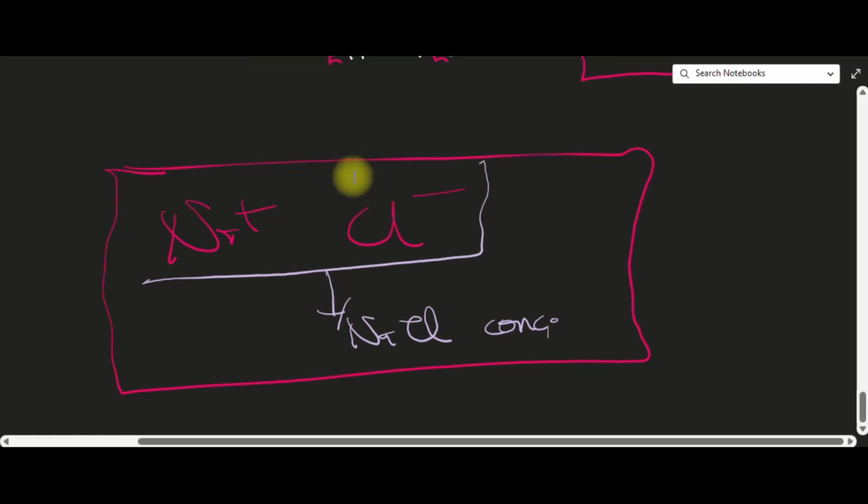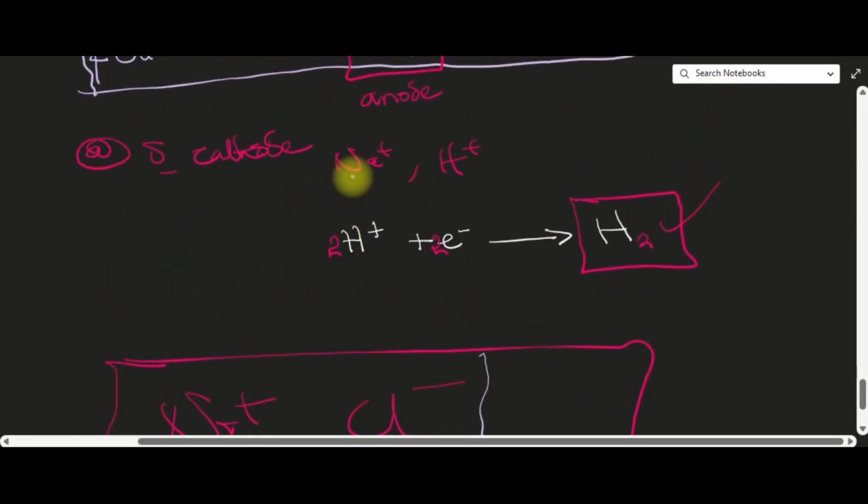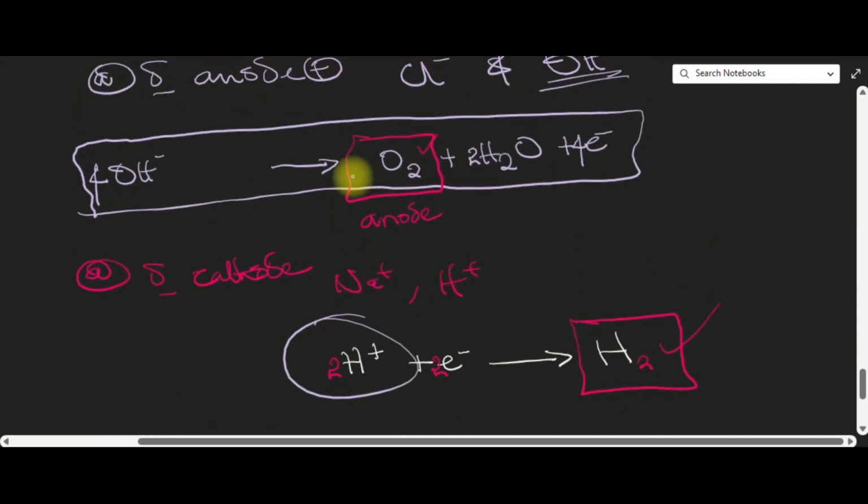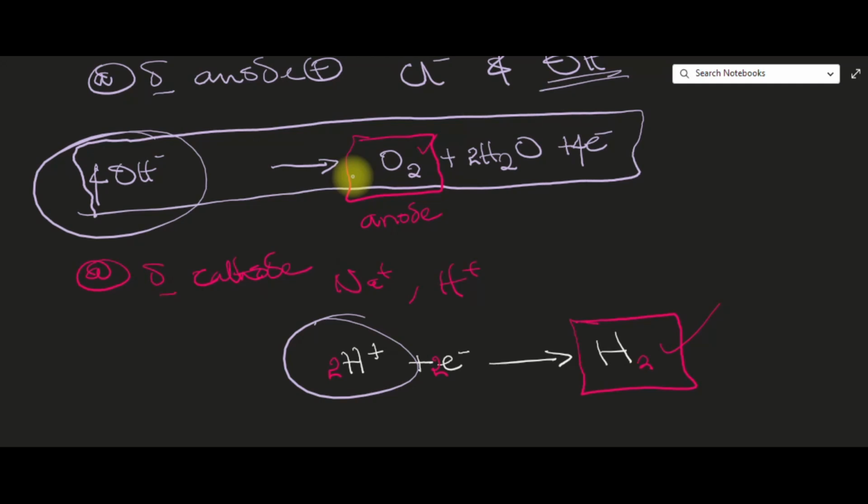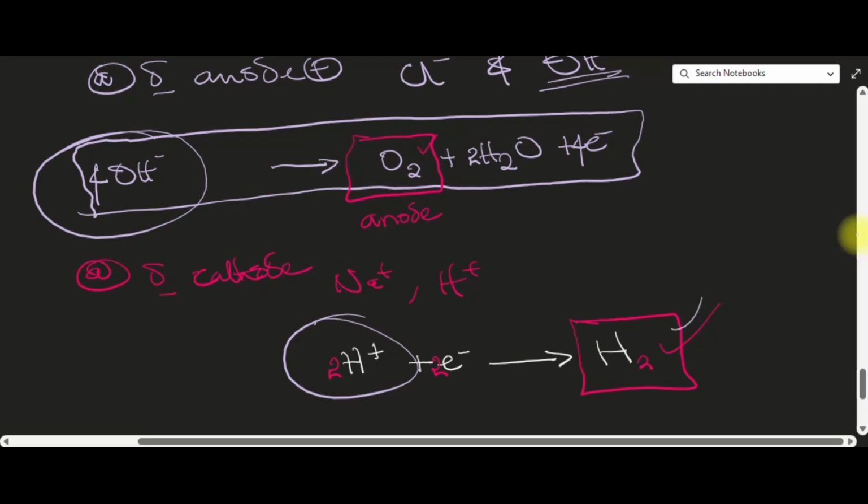H plus left the electrolyte and OH minus also left, to become hydrogen gas and oxygen gas. So the electrolyte has less water, and it becomes more concentrated in terms of sodium chloride. That is the electrolysis of dilute sodium chloride.